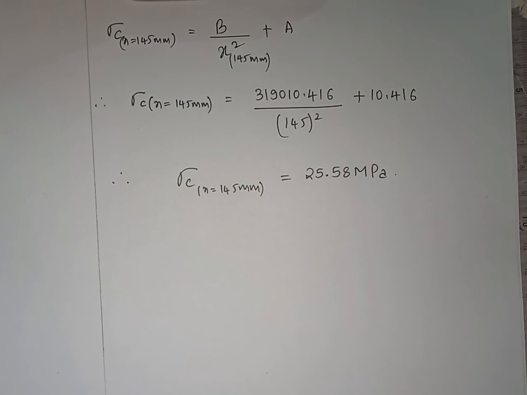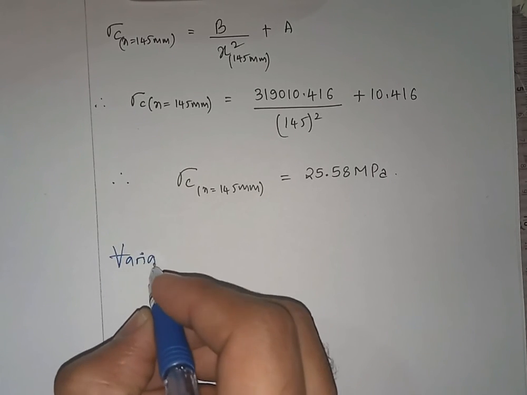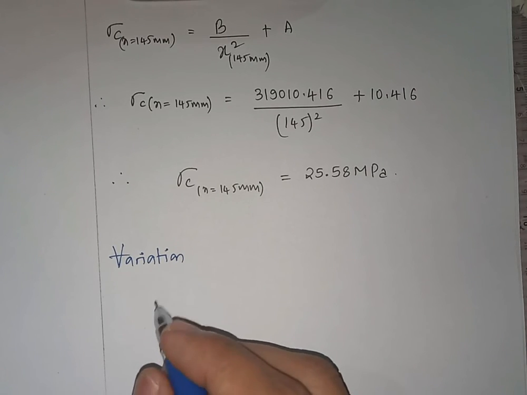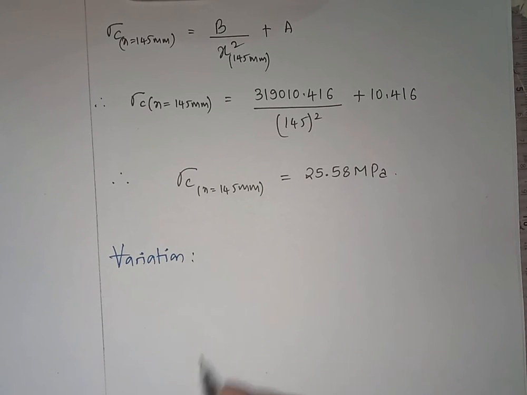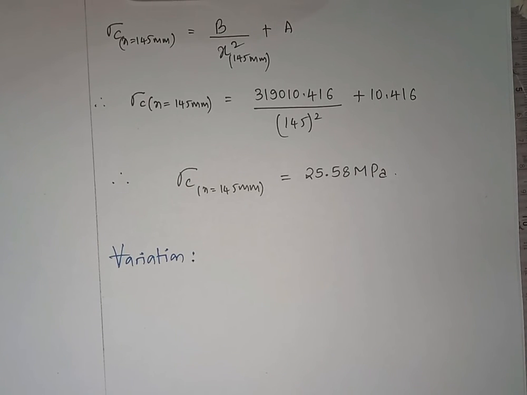Right, so now let us draw the variation. In order to draw the variation, you need to show the inner and outer surface of the thick cylinder.